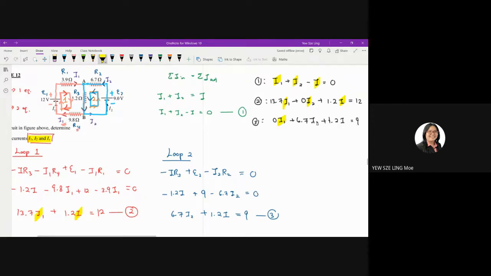You see all these unknowns are arranged in the same sequence, starting with I1, then I2, then I.